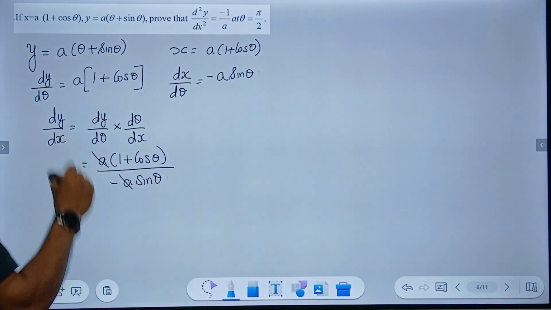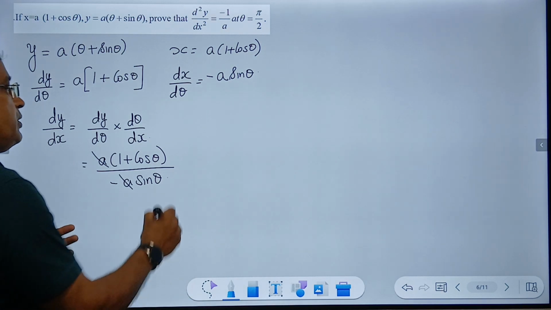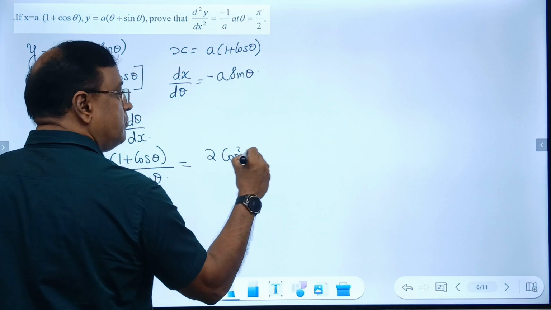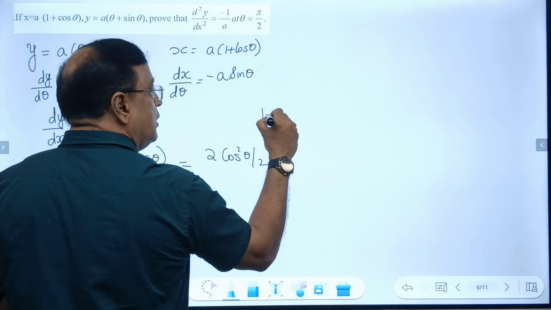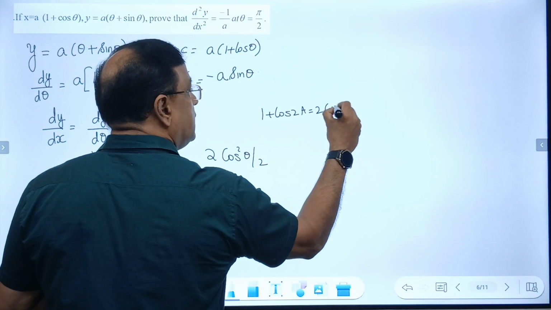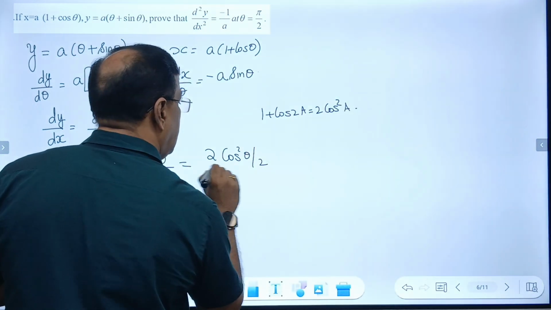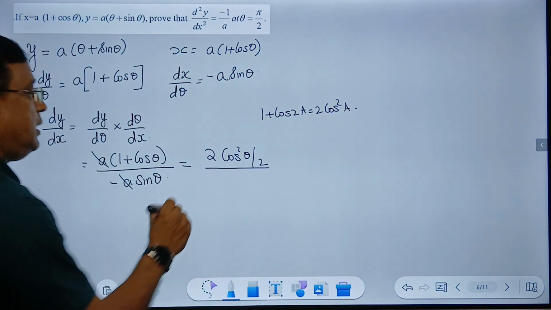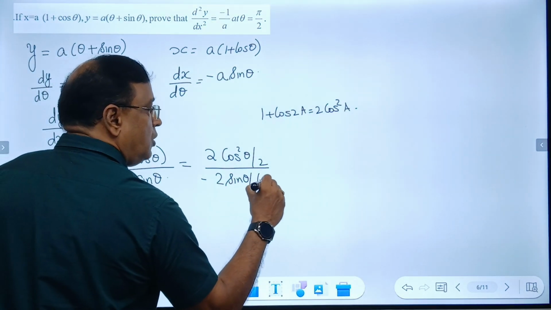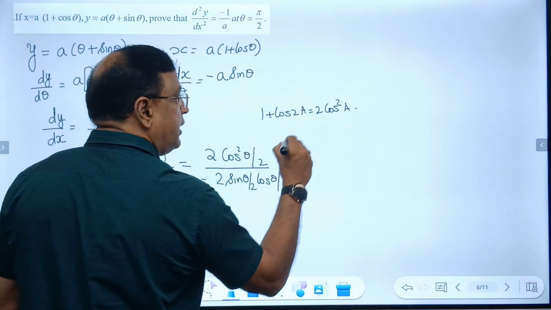a and a cancels. You also know from trigonometry 1 plus cos theta is 2 cos square theta by 2. I am using this formula: 1 plus cos 2a is 2 cos square a. Okay? And sine theta, I will write it as 2 sine theta by 2 cos theta by 2, because I am using the sine 2a formula.